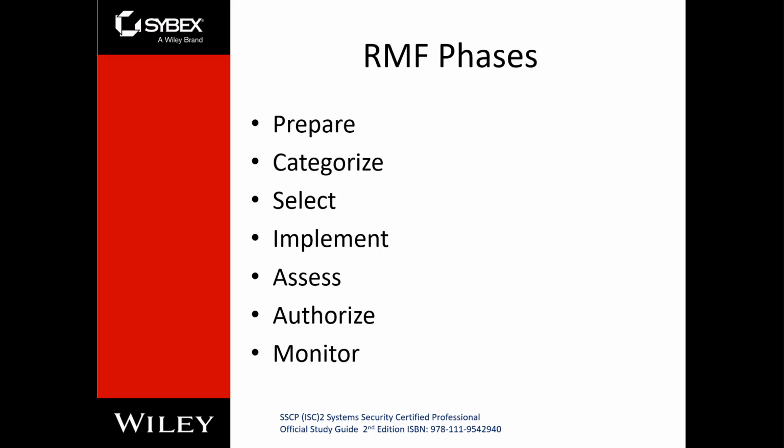Since we've talked about the NIST Risk Management Framework 800-37, here are the main seven phases: prepare, categorize, select, implement, assess, authorize, monitor. We're not diving too deep into the phases. It was just wanting to point out that there is a structure to the risk management framework. Though this is only one of the frameworks that are out there.